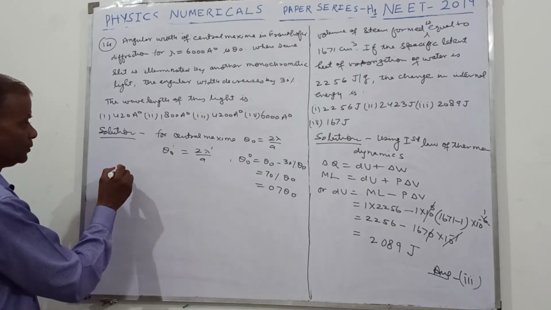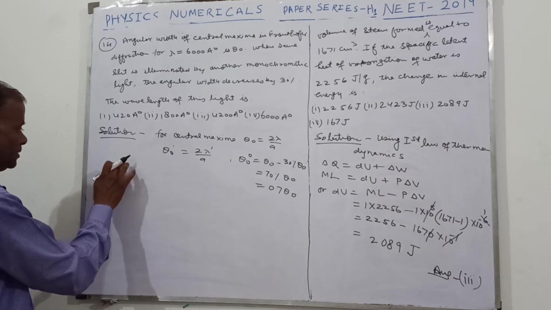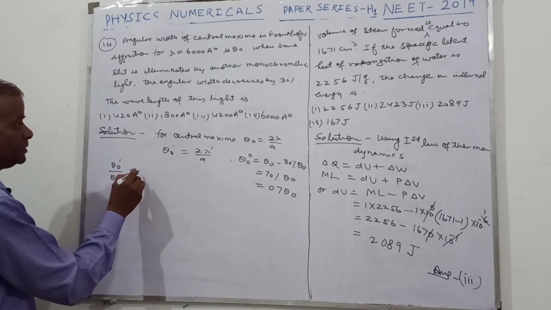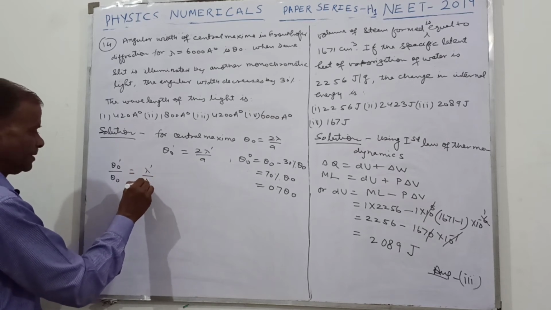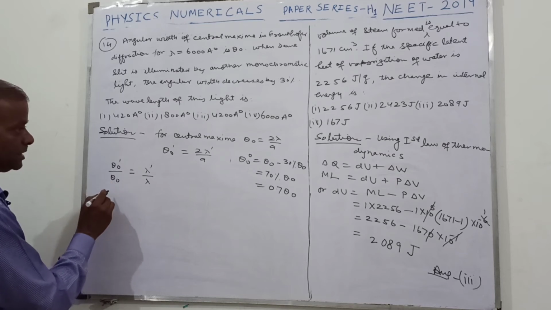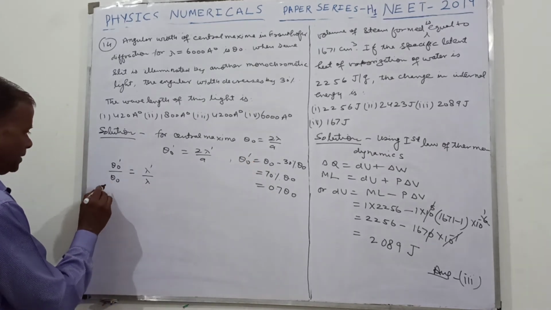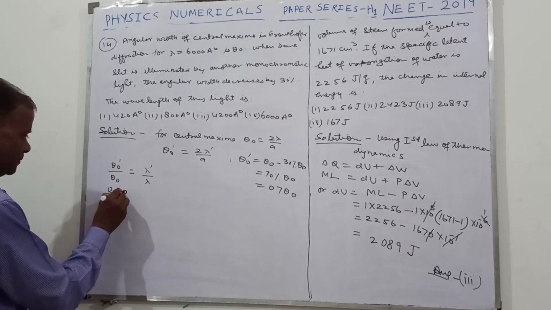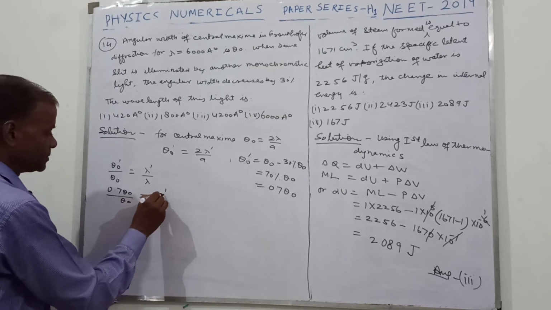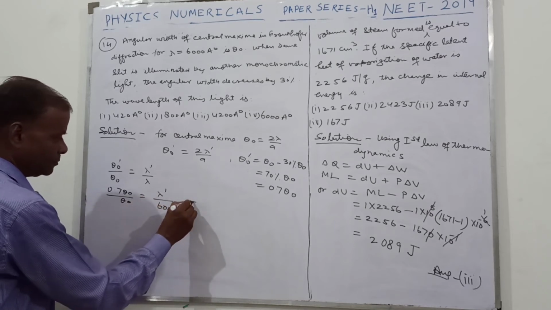So now you put these values. Theta naught dash upon theta naught is equal to lambda dash upon lambda. So theta naught dash is 0.7 theta naught, upon theta naught, equal to lambda dash upon 6000 angstrom.